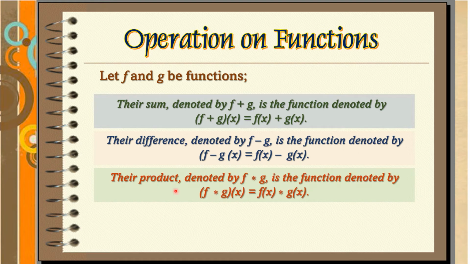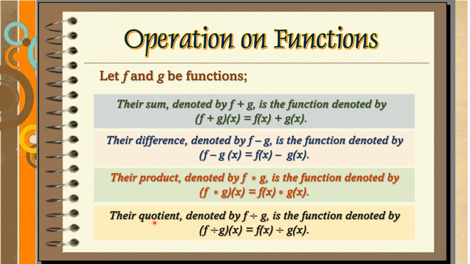And then their product, denoted by f times g, is the function where f times g of x is equal to f of x times g of x. And then lastly, their quotient, denoted by f divided by g, is the function where f divided by g of x equals f of x divided by g of x.